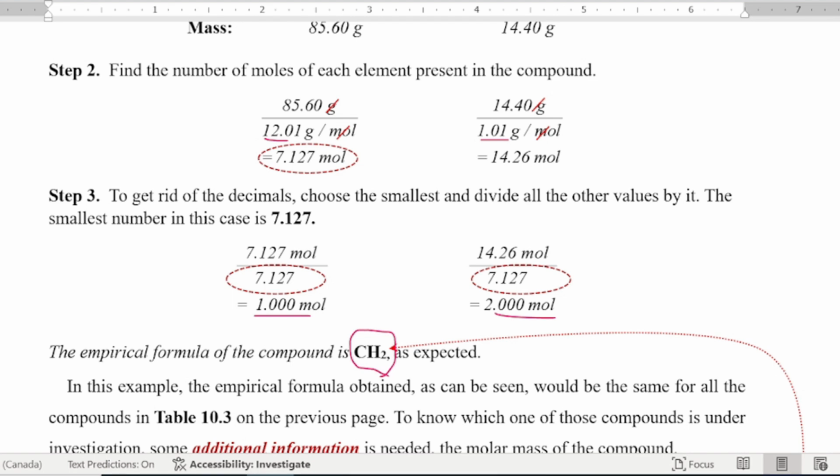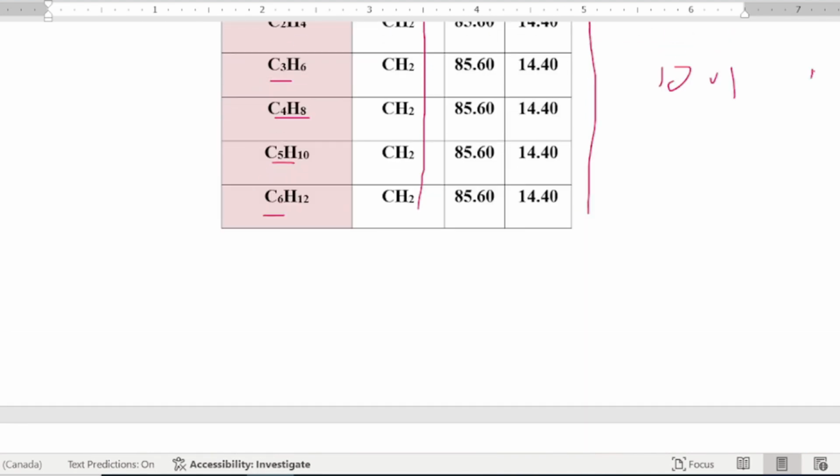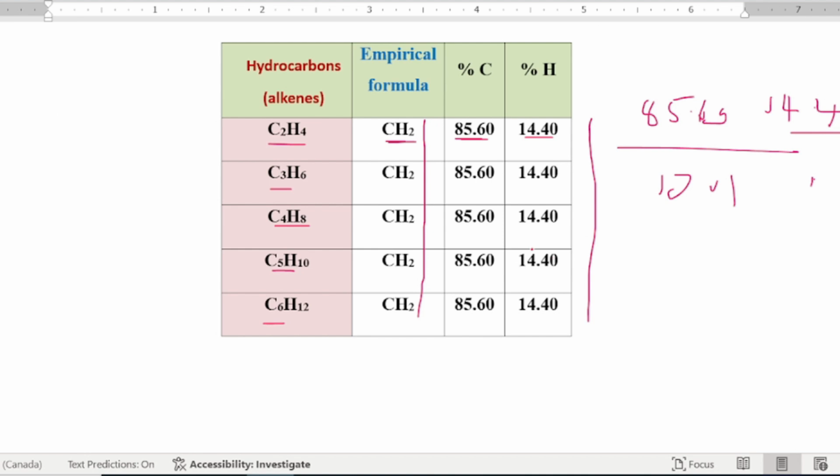But watch. It doesn't tell you which compound you're talking about. Every one of these here has the same empirical formula. So how would we know which formula we are talking about for this compound? They will have to give you some additional information.